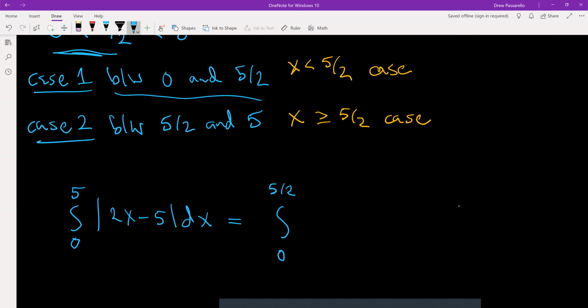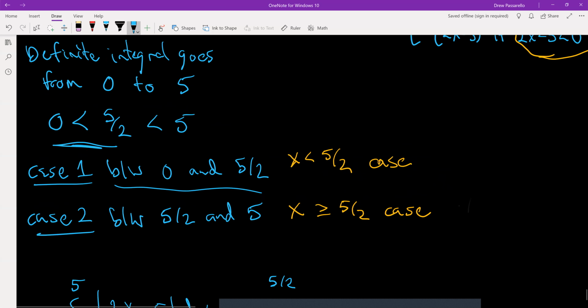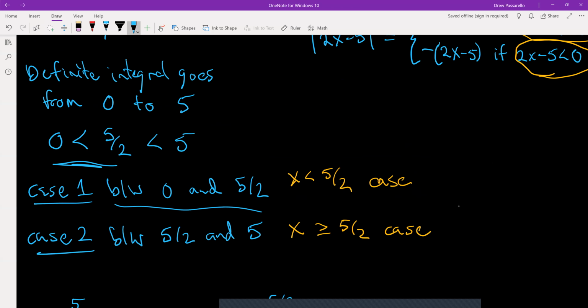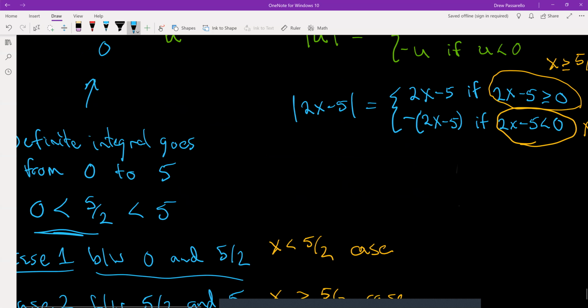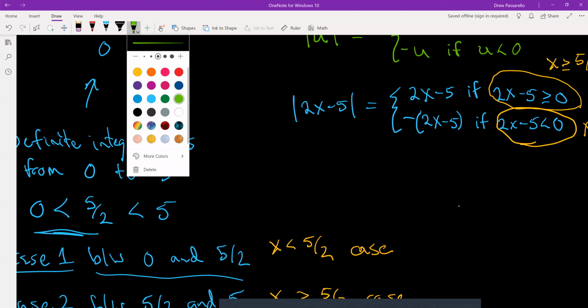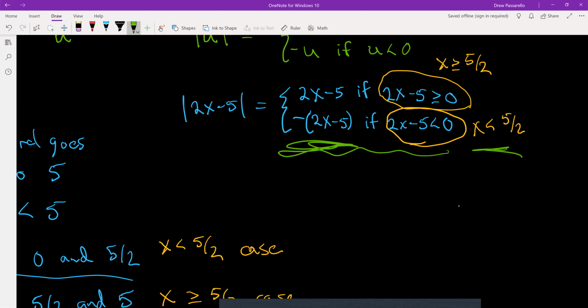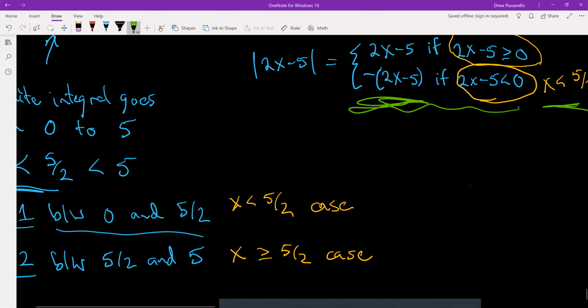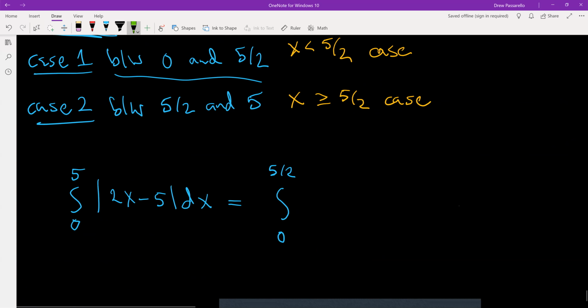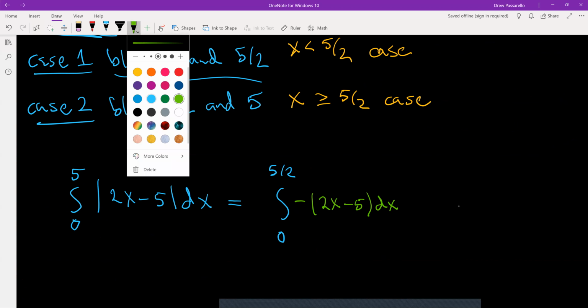Well, if I'm between 0 and 5/2, that means x is less than 5/2, so I'm dealing with the negative times 2x minus 5. That's case 1. And then case 2 is between 5/2 and 5.